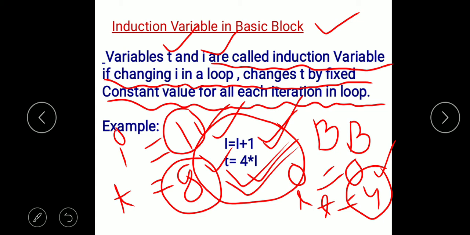Now see how to eliminate them. Before that, I am repeating the definition: two variables I and t are called induction variables if changing I in a loop also changes t by a fixed constant value for each iteration in a loop. Now let's see induction variable elimination.